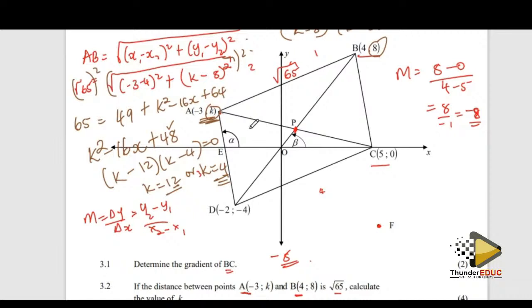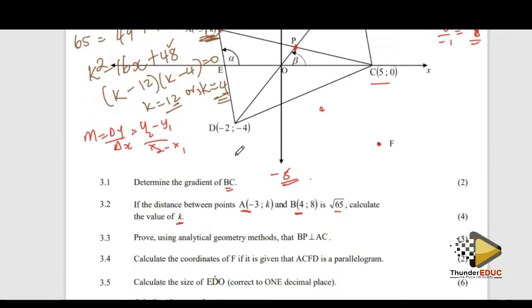So in this case, since we are saying that k is below this 8, then we're going to take k to be a 4. Okay, so I'm saying k is a 4. That is according to the interpretation of the drawing.